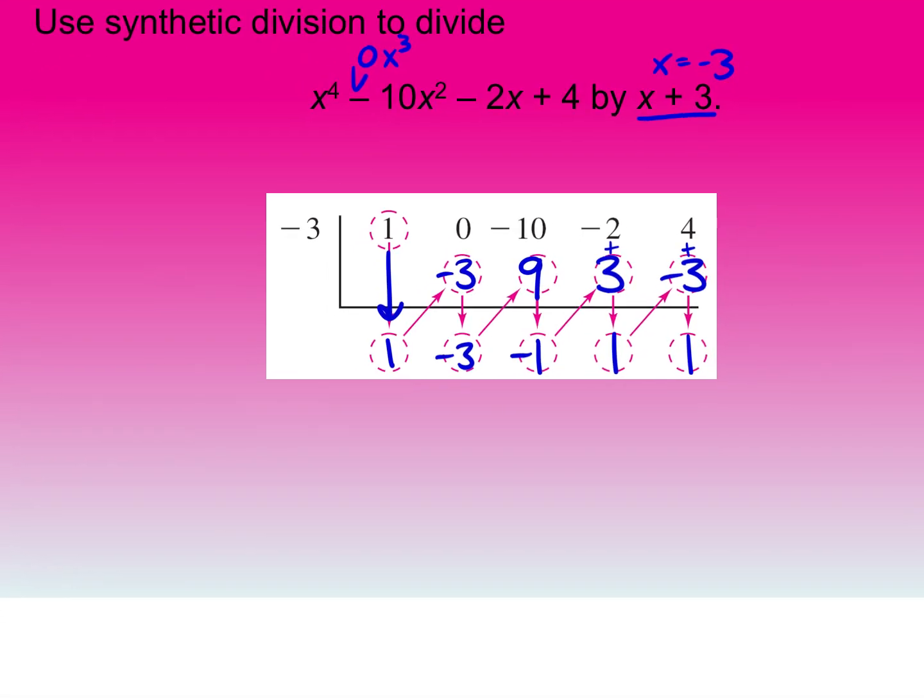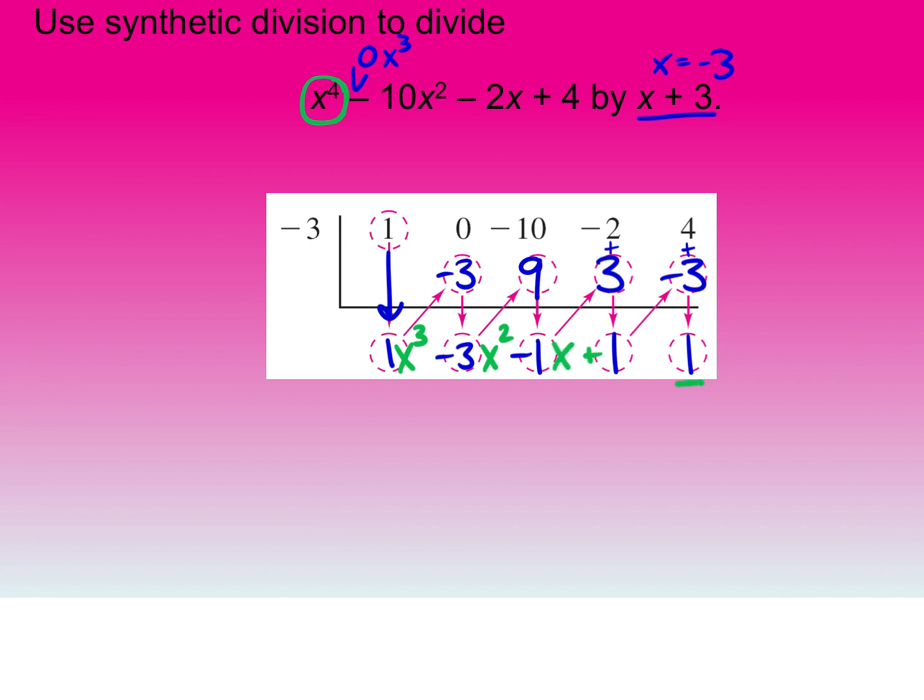So now when we write our answer, we started with x to the 4th power, and we took away an x plus 3. We divided that. So we're going to be one variable less. So if I start with x to the 4th power, my answer is going to start with x to the 3rd power. And then we just decrease from there. X to the 3rd power minus 3x squared minus 1x plus 1 is our constant.